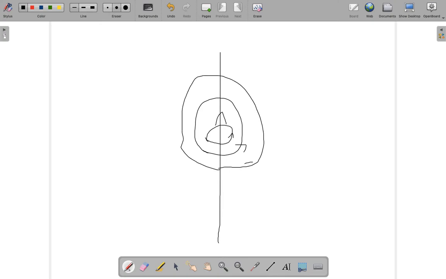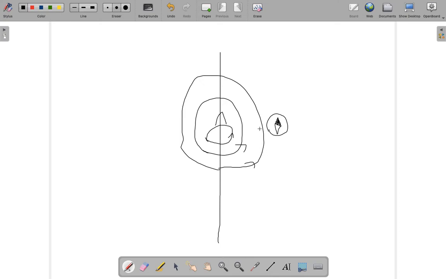I don't think my drawing's too great, but I hope that gives you an idea. This is around the wire, is what I was trying to draw, but I don't think it turned out like that. What I mean by these field directions is that if I place a compass, or a magnet actually, let's make it simpler, the north end of the compass will be pointing in the direction of the arrow.